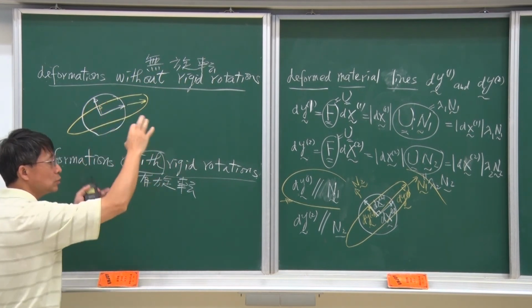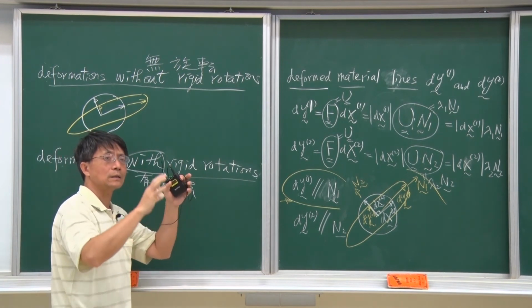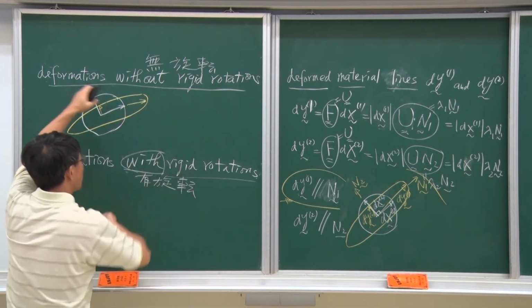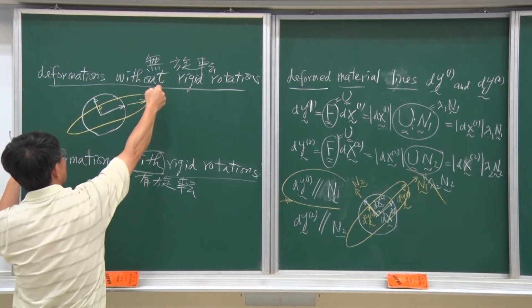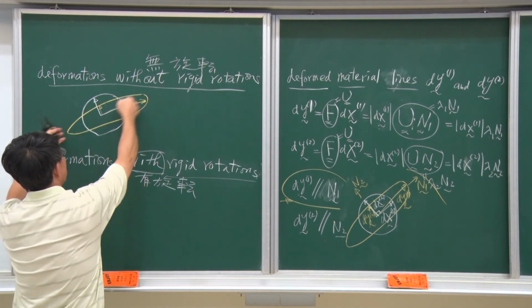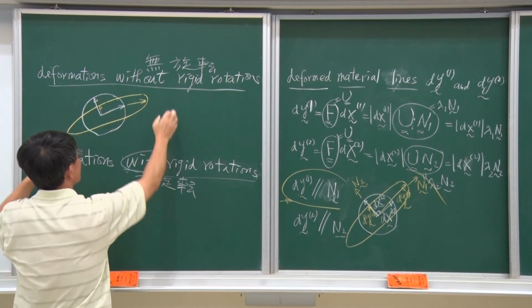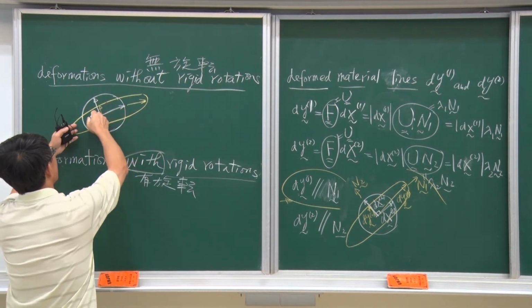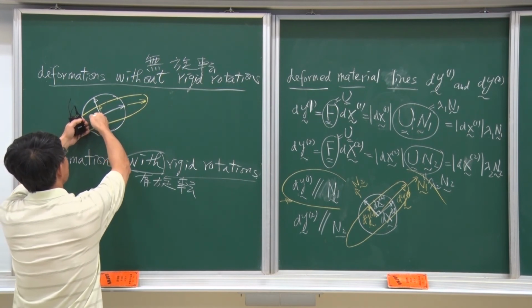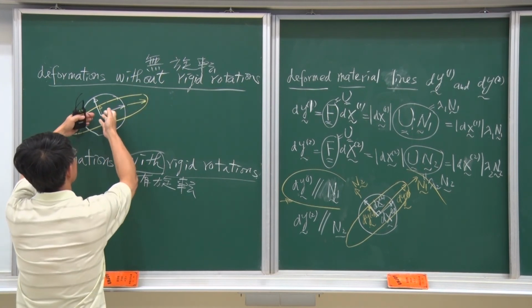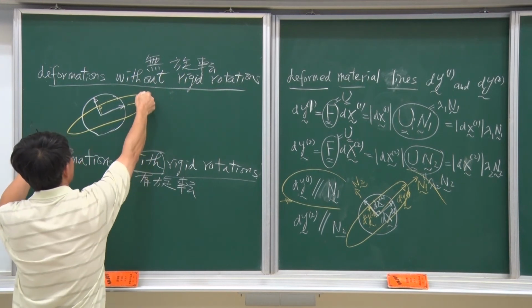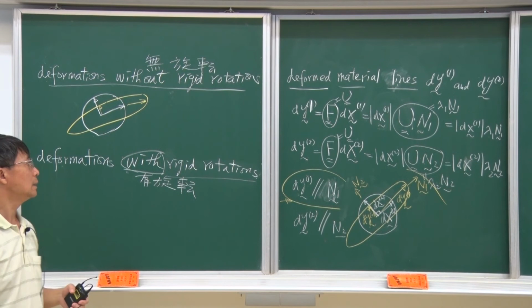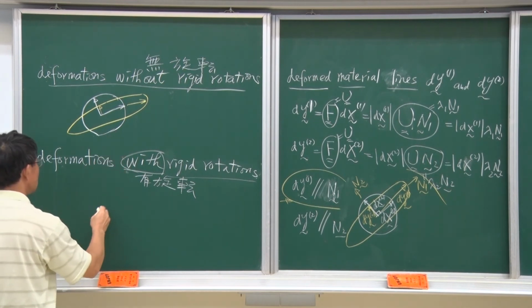It means that they don't change. If we have rotation, then we pull it and then rotate it, right? But here we only pull it without rotating, so there's no rigid body rotation. Here you can see clearly that we only do a stretching and contracting action, without rotating afterwards. So there is no rotation.